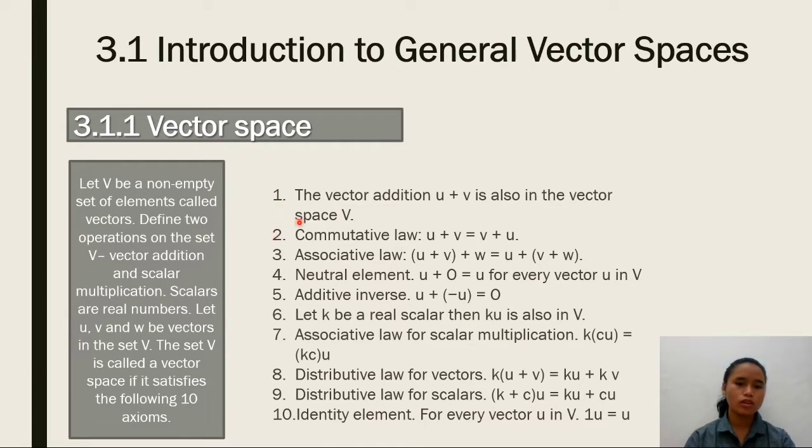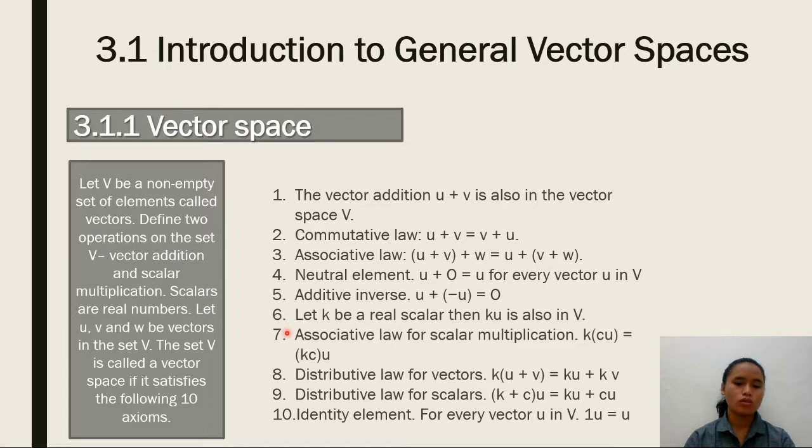1. The vector addition u plus v is also in the vector space V. 2. Commutative law. 3. Associative law. And 4. Neutral element. 5. Additive inverse. 6. Let k be a real scalar, then ku is also in V. 7.